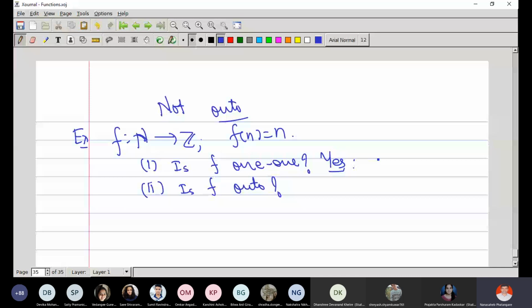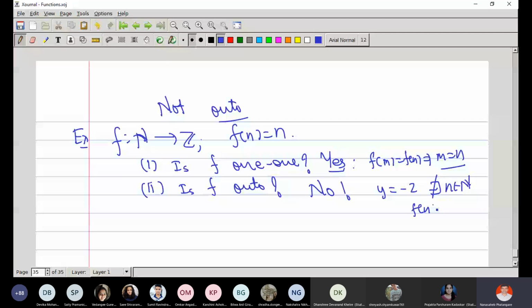If you take two distinct elements m and n, suppose f of m is equal to f of n, that means m is equal to n, so the preimages are also the same. Is it onto? No, sir. It is clear because for negative integers we cannot produce a preimage. If y is equal to -2, then there is no n in N such that f of n is equal to -2. So it is not possible, so not onto.